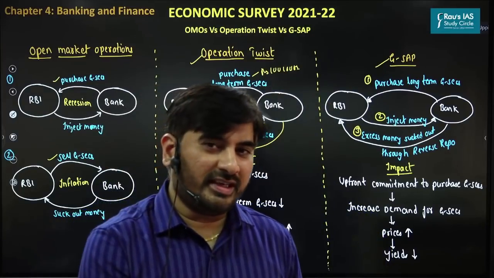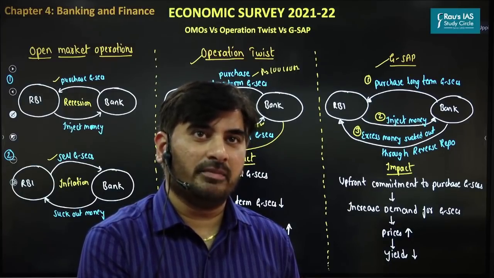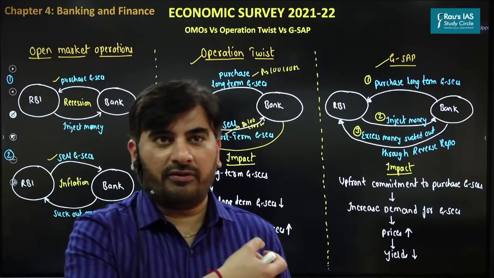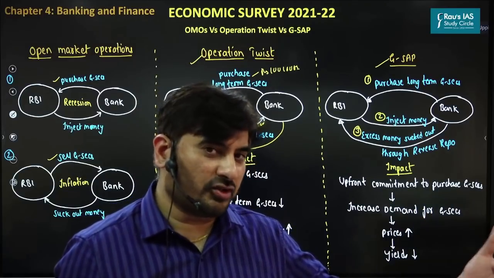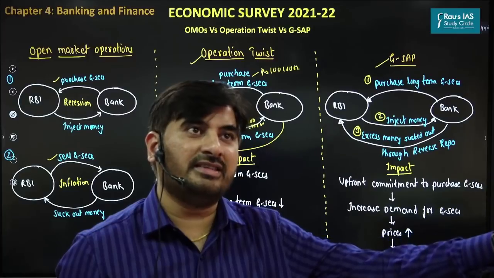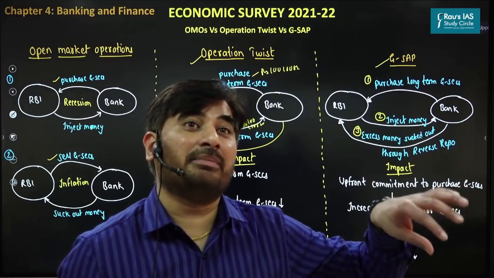Now, do you see any kind of impact on the overall money supply? Is the total money supply changing? Money supply is not changing at all, because initially we sold off short-term government securities, got 100 crores, and then once again the 100 crores is injected back. So there is no net effect as far as the money supply is concerned.